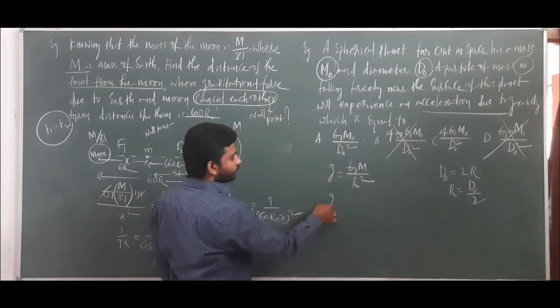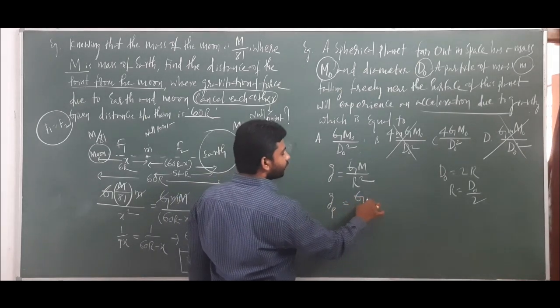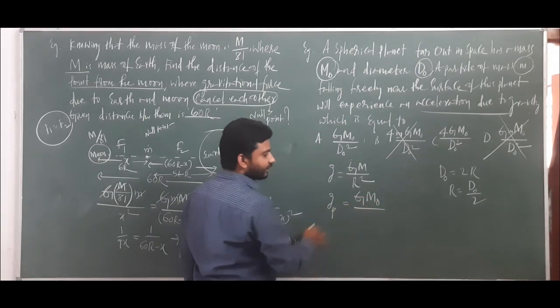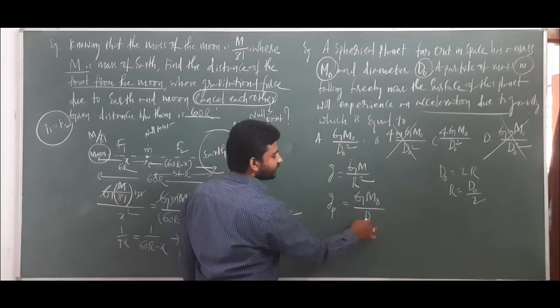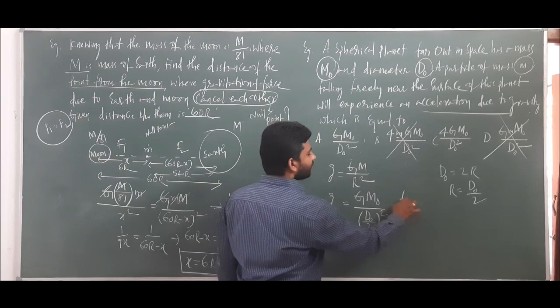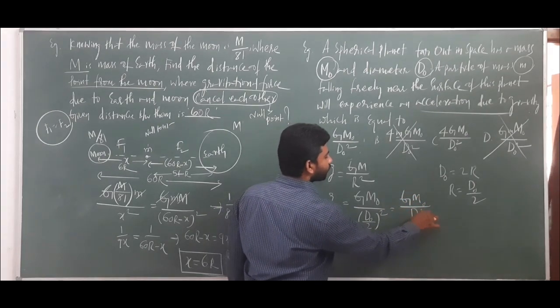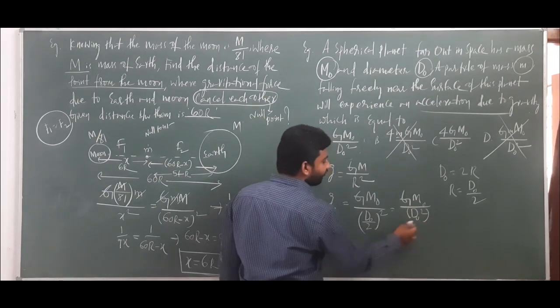So acceleration due to gravity of this planet is equal to G into mass of the planet divided by (d0 by 2) whole square. So I can write G M0 by d0 square divided by 4.